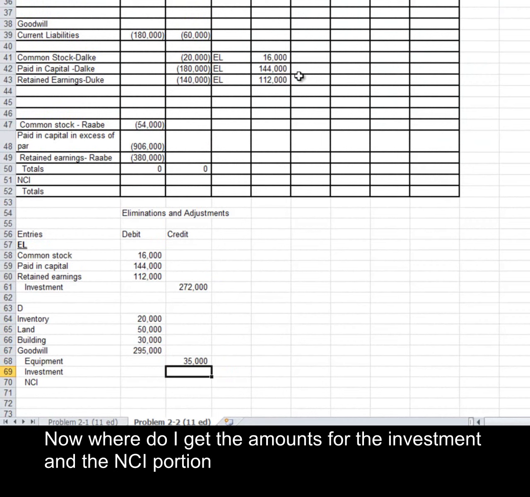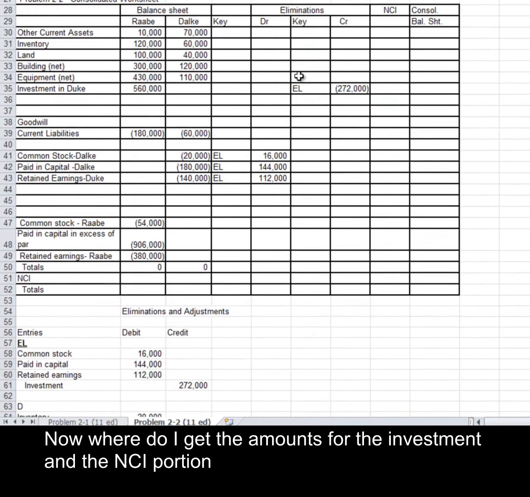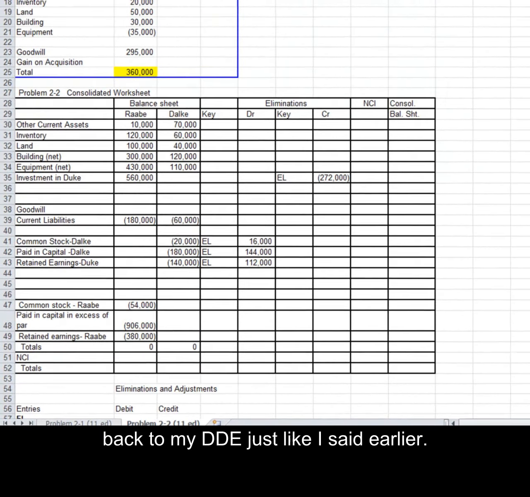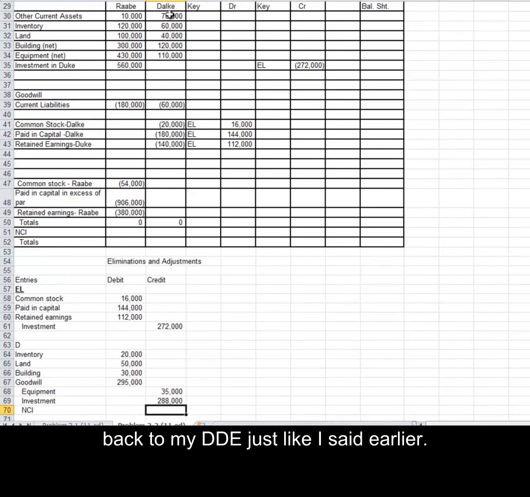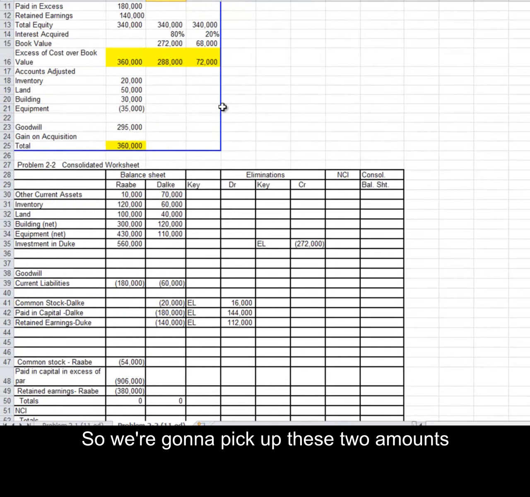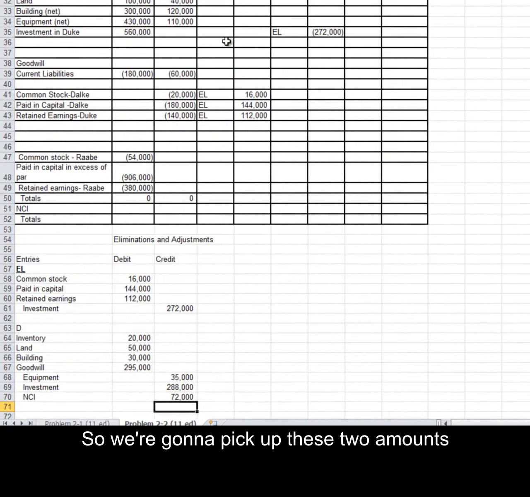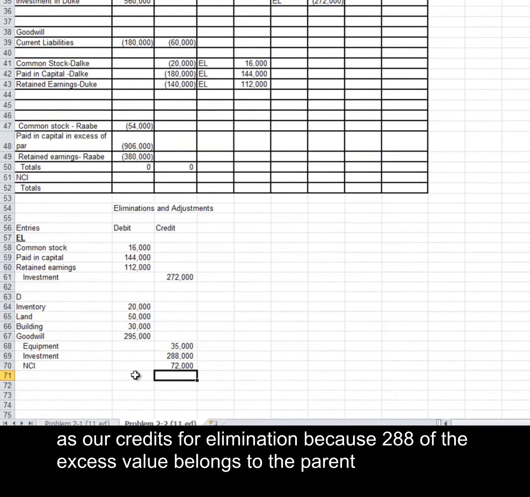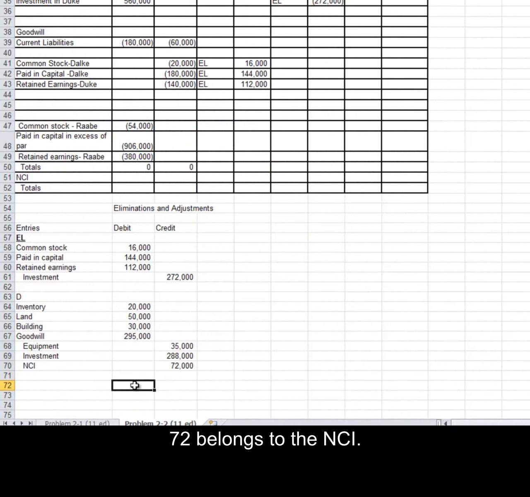Now, where do I get the amounts for the investment and the NCI portion? Back to my DDE, just like I said earlier. So we're going to pick up these two amounts as our credits for elimination because 288 of the excess value belongs to the parent, 72 belongs to the NCI.